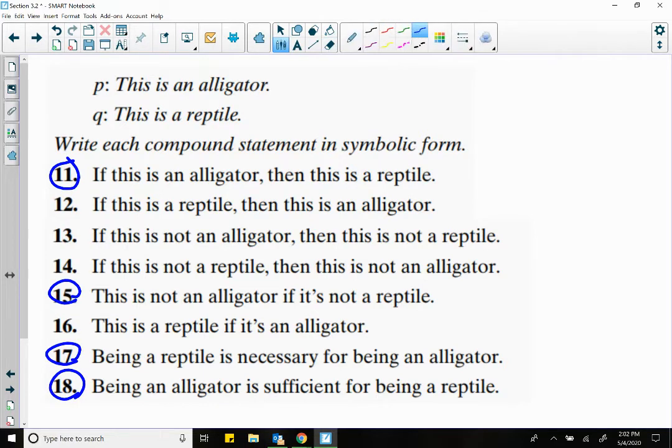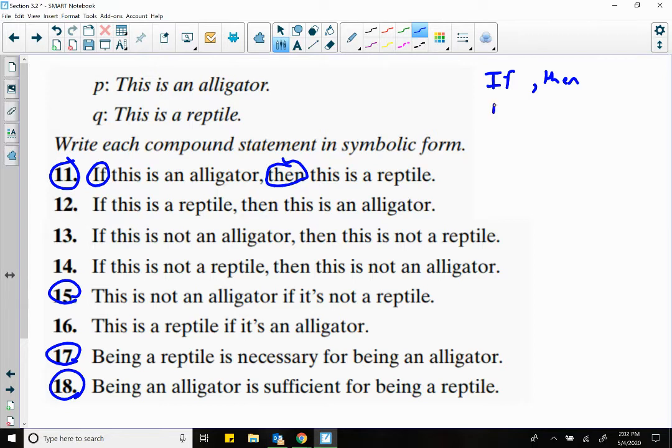Whenever I have a statement that starts with if, I circle it, and then I look through the rest of it to find the word then. Because any statement that starts with if is a conditional statement. Okay? So there's the word then. Now, please understand that most of the time when it starts with if, you will usually find the word then, but they don't have to write it.